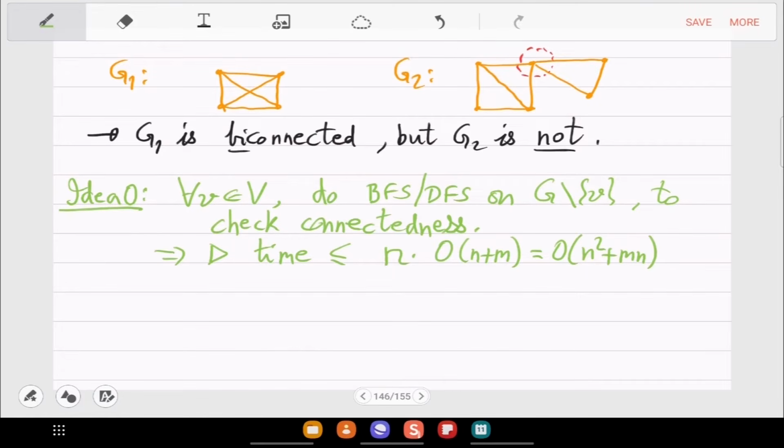So this is order mn actually, because m has to be at least n. Why is that? It's a connected graph, right? In particular, there is a tree sitting inside, a tree which connects all the vertices. So the number of edges cannot be less than n minus 1. So this expression is order m times n.